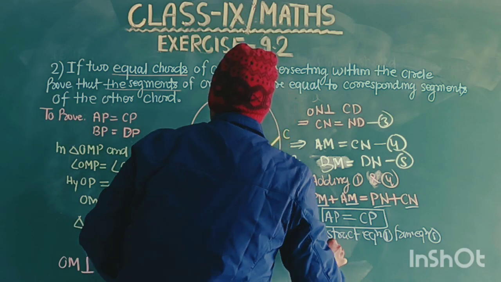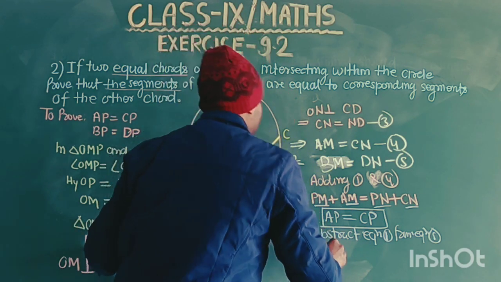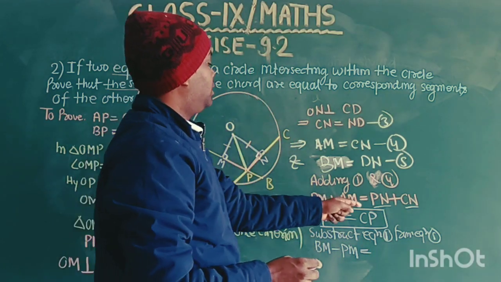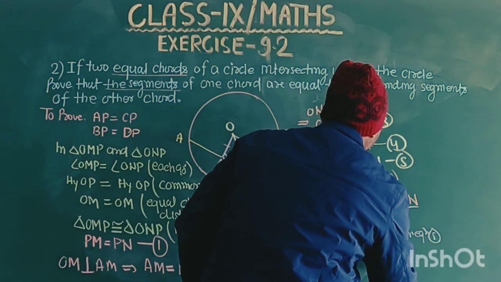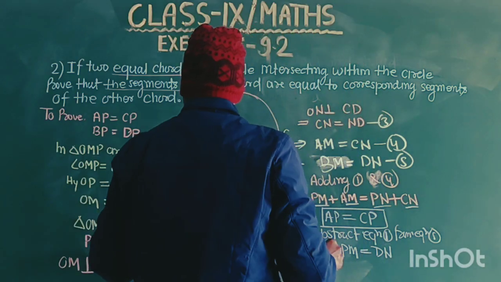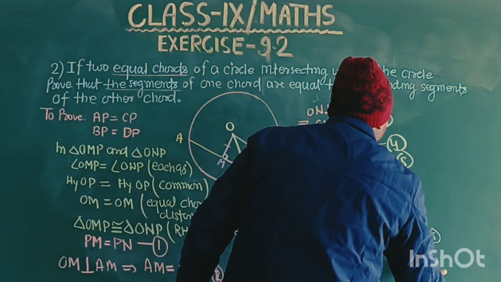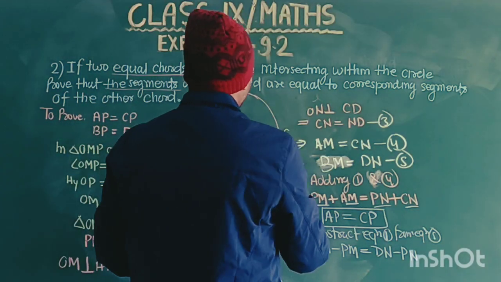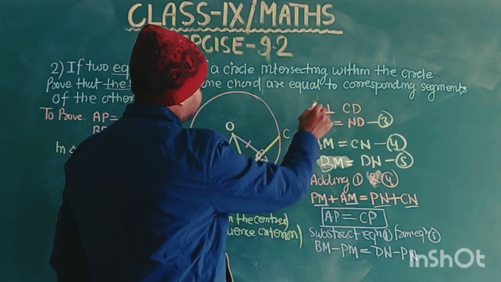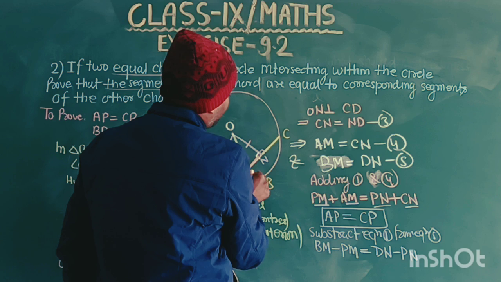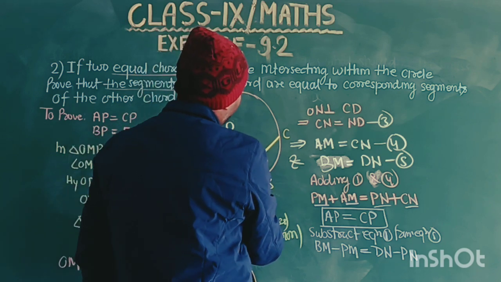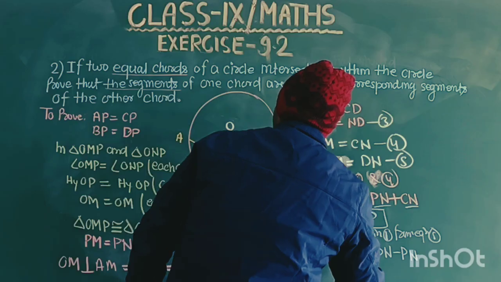From BM write minus PM, and from DN write minus PN. Now check from the figure. From BM we have to subtract PM, so we will get BP.